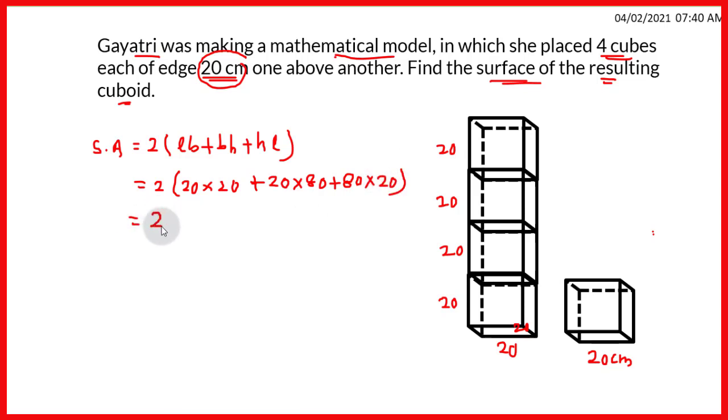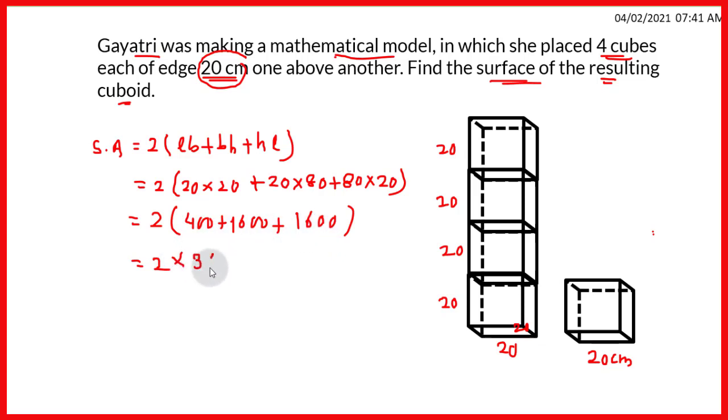So here which is equal to 2 into bracket, this will be 400 plus 1600 plus 1600. So which is equal to 2 into 1600 plus 400, that is 2000, 3000 and 3600.